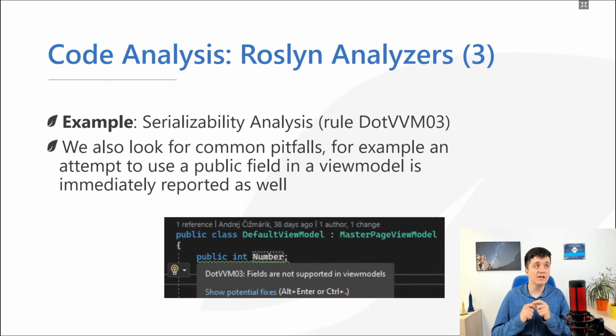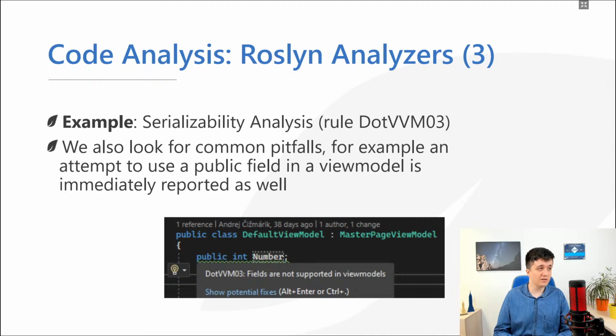So for example, if somebody was to write a public modifiable field inside a view model, then we know that this is probably not right, because as we all know, in DotVVM you always store your view model state using properties. And don't get me wrong, it's perfectly legal to write fields inside your DotVVM view models.